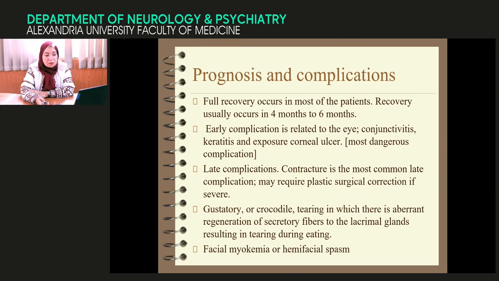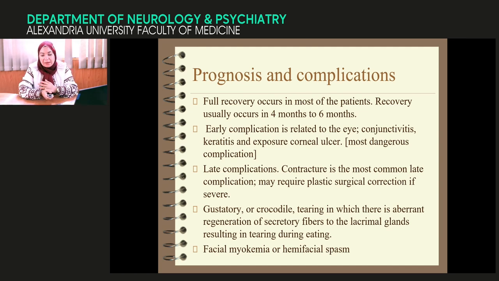Prognosis and complication. Full recovery occurs in most of the patients. As we said, the recovery may take 4 to 6 months, depending on whether it is demyelinating or axonal. Early complication is related to the eye, like conjunctivitis, because the patient has incomplete closure of the eye, and will suffer from something called Bell's phenomenon, when trying to close the eye, the upward gaze.